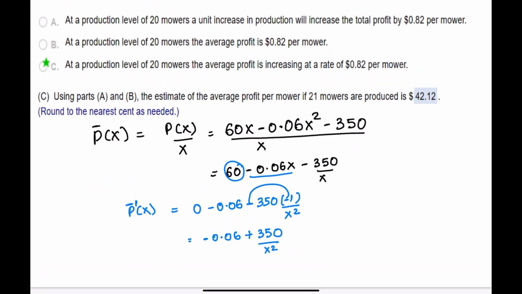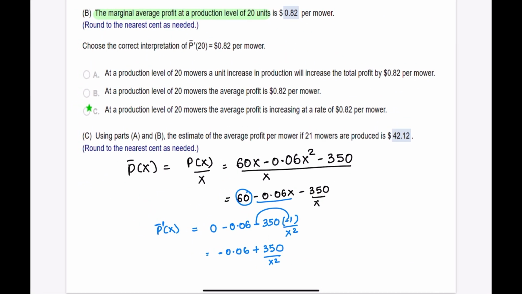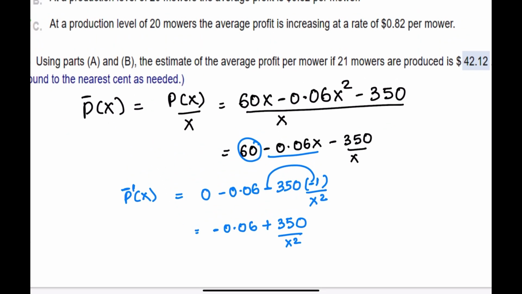And all they're asking me is, can you give me the average profit for 20 units? Of course I can. I simply plug in 20 here, and I get negative 0.06 plus 350 over 400, which is 0.815.